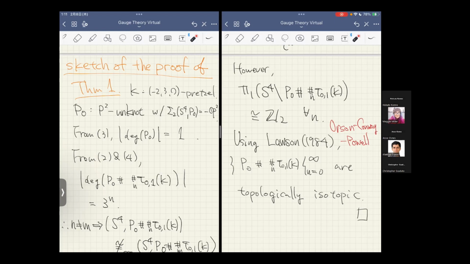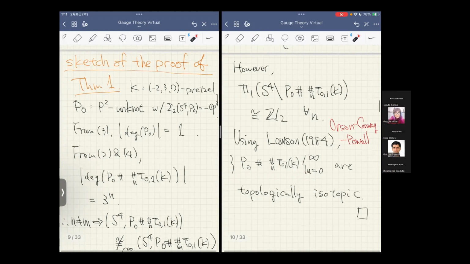Then, by using the result of Terry-Lawson or Conway-Orson-Powell, we can conclude that these P2 knots are topologically isotopic. Then we finish the proof of Theorem 1. So this is the sketch of the proof.